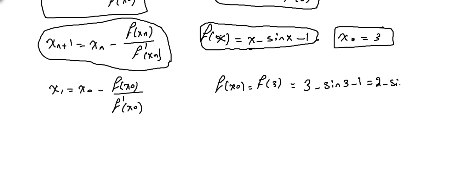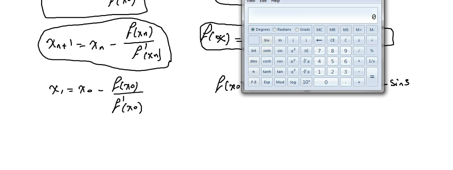Let's see how much that is. For sure we have to set the calculator to radians, not degrees. So 2 minus sine 3 equals 1.8588.